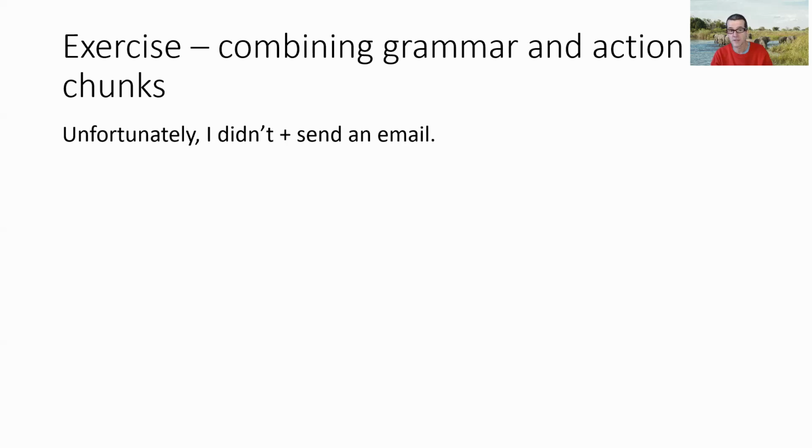Unfortunately, I didn't plus send an email. Unfortunately, I didn't send an email. I wish I plus write a letter. This is about the present. I wish I wrote a letter. She's already plus write a letter. She's already written a letter.